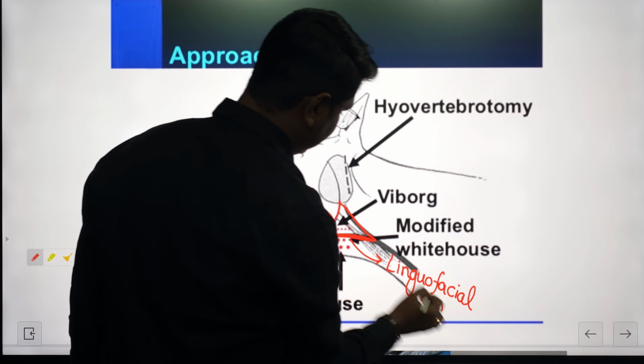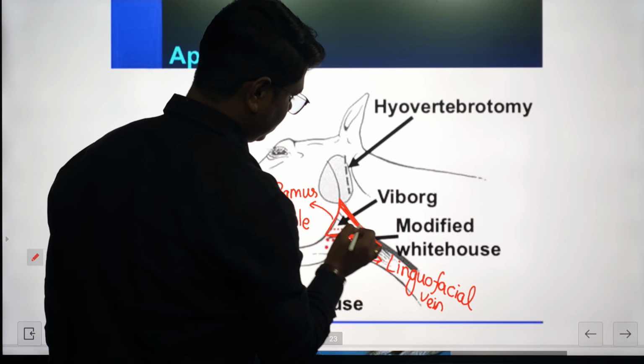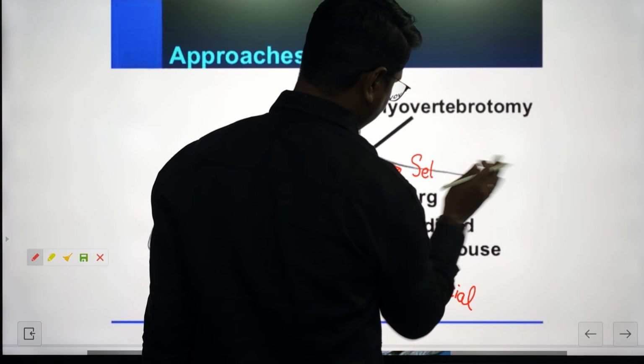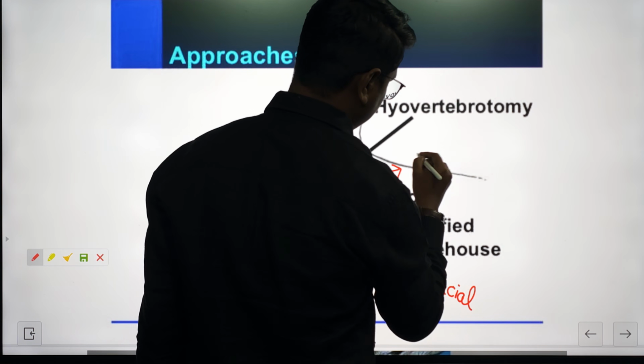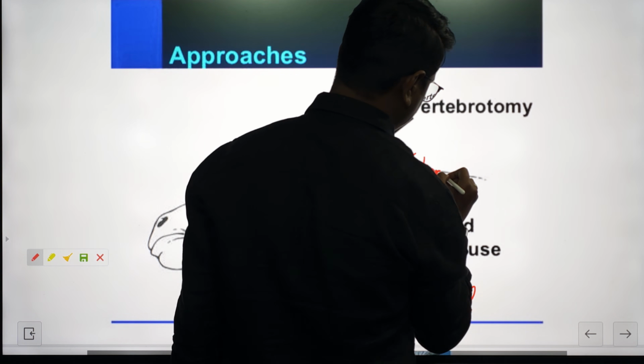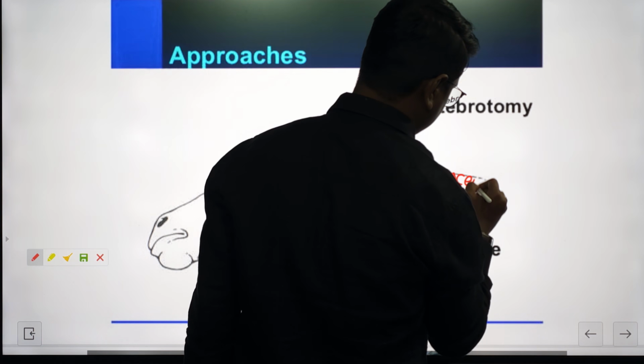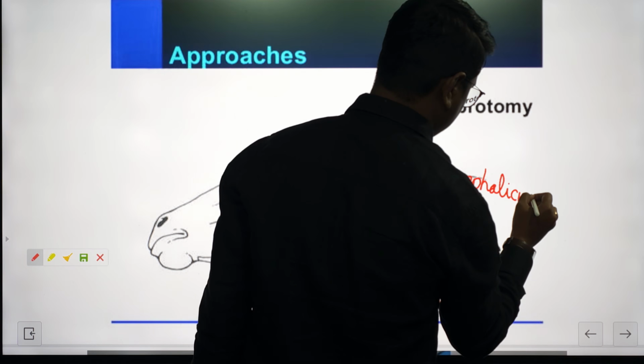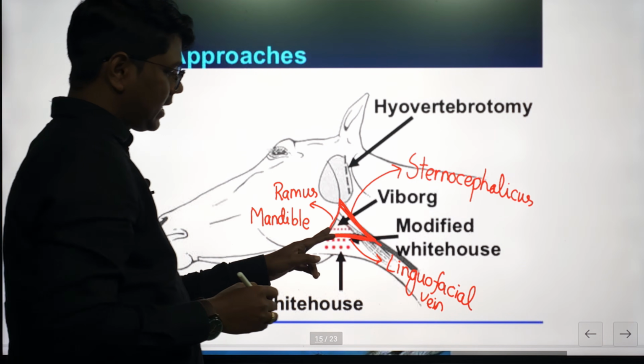And dorsocaudally, this is the tendon of the sternocephalicus muscle. Okay. So this particular triangle is important.